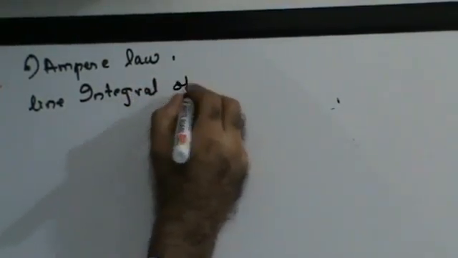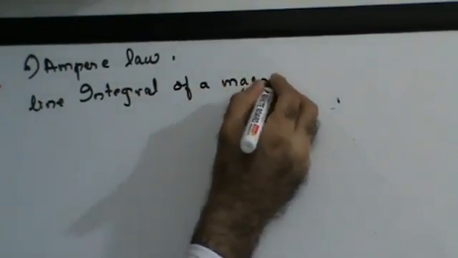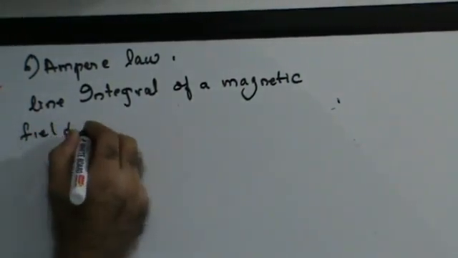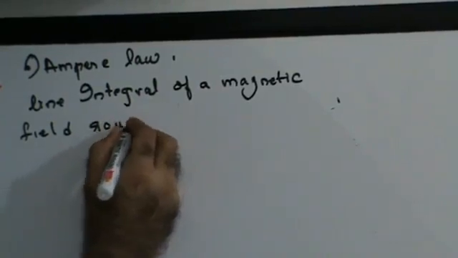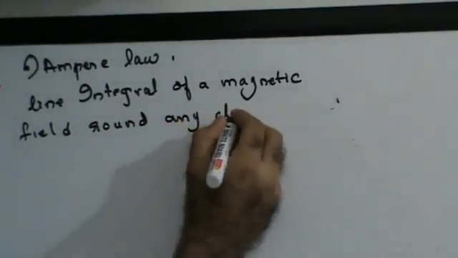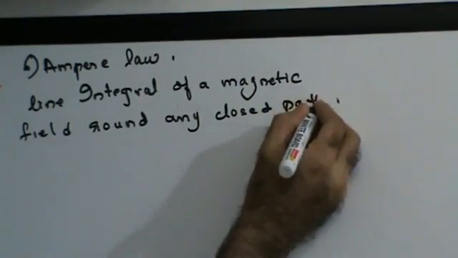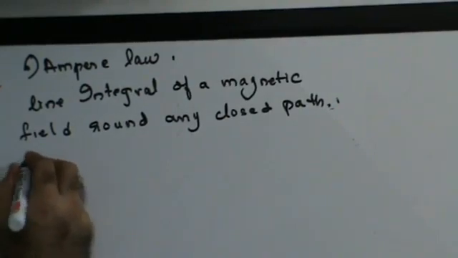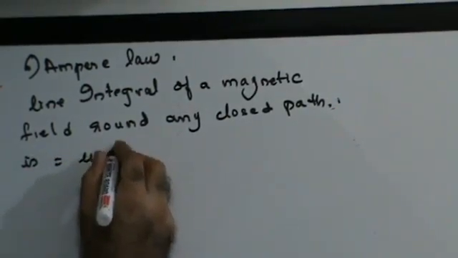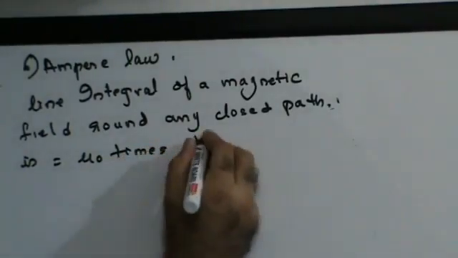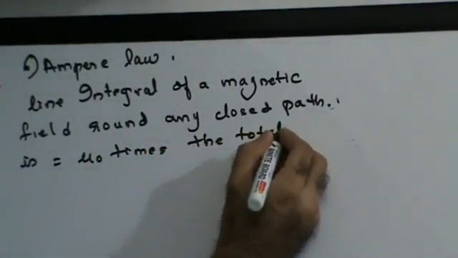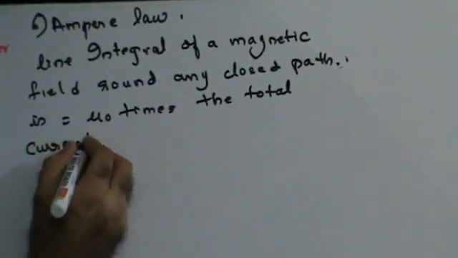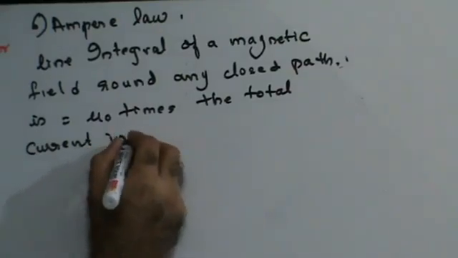Line integral of a magnetic field round any closed path is equal to mu 0 times the total current in the closed circuit.